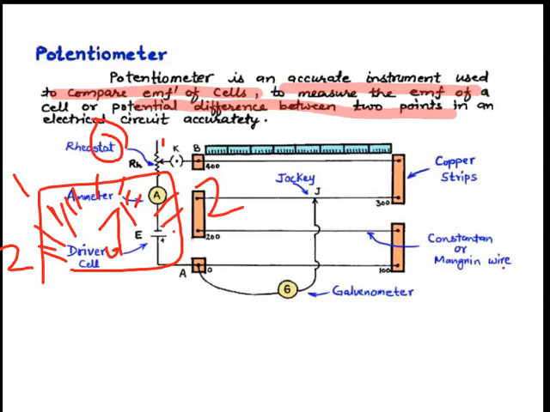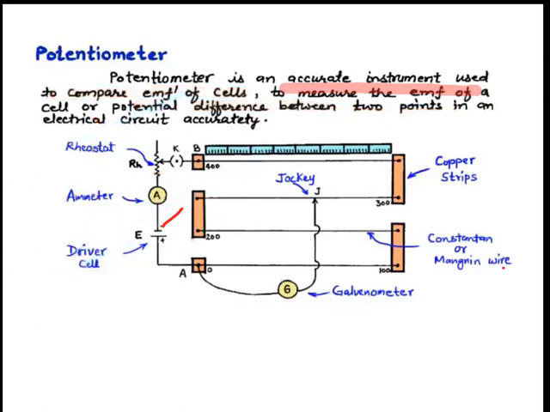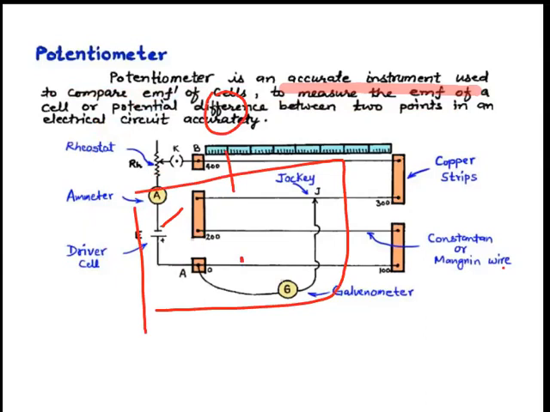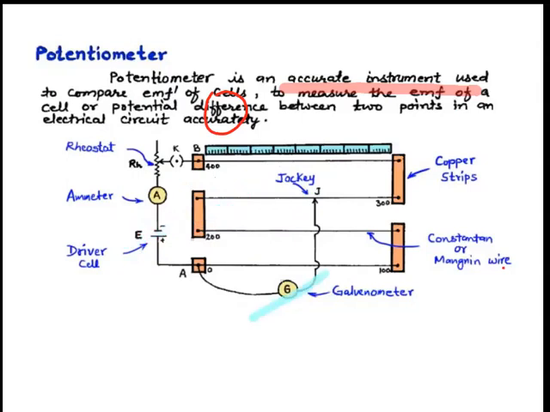Suppose the needle is deflected towards the left or towards the right, it shows the presence of current in the circuit. And when it is pointing at 0, no current is flowing in the circuit.